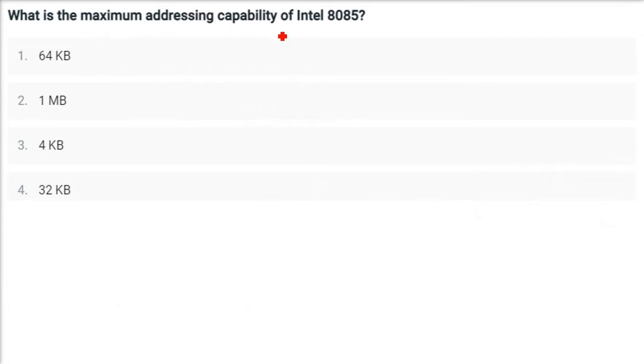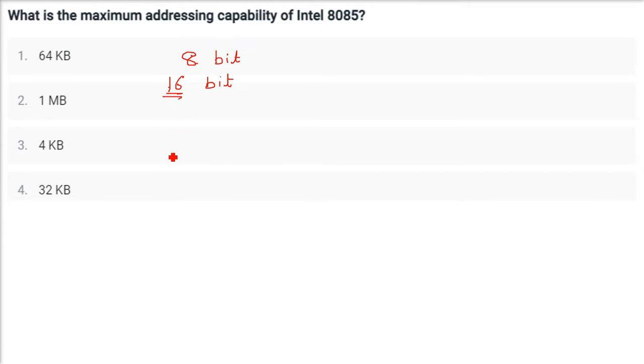What is the maximum addressing capability of Intel 8085? Now 8085 is an 8-bit microprocessor and it has a 16-bit address bus, 8-bit data bus. There is always a confusion about the maximum addressing capability.